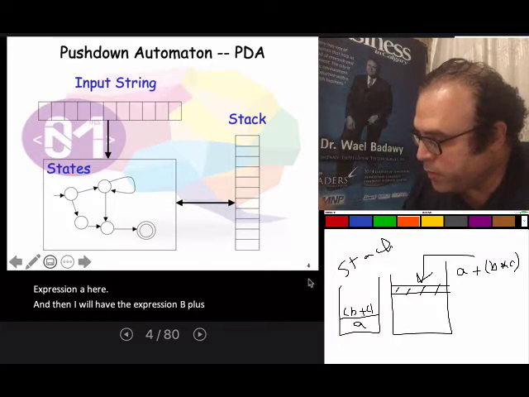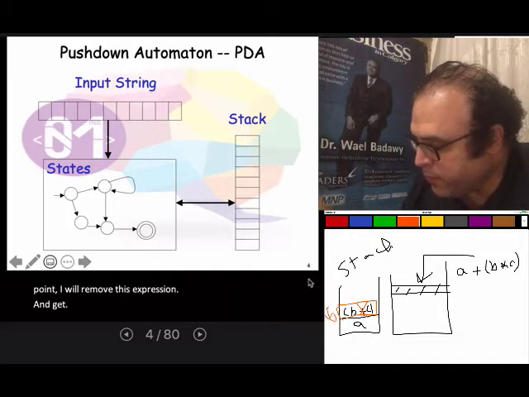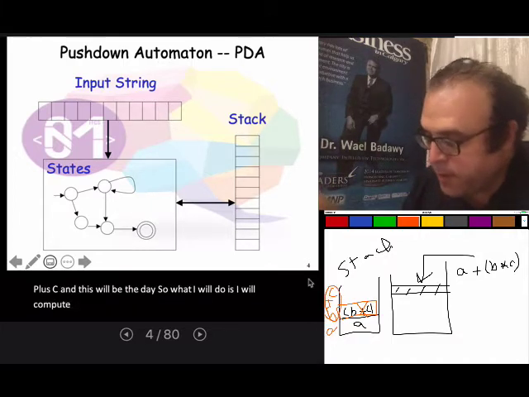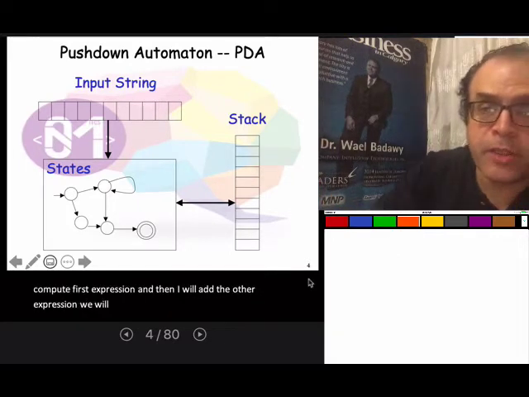At that point I will remove this expression and get b times c, and this will be the a. So I will compute the expression first, and then I will add the other expression. We will get into the details of how to do this operation.